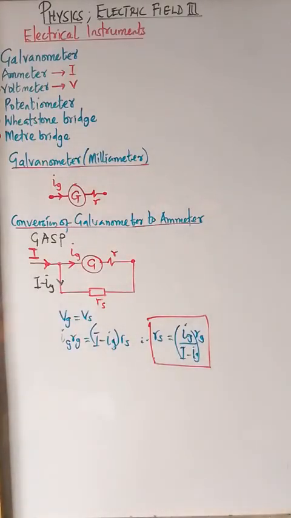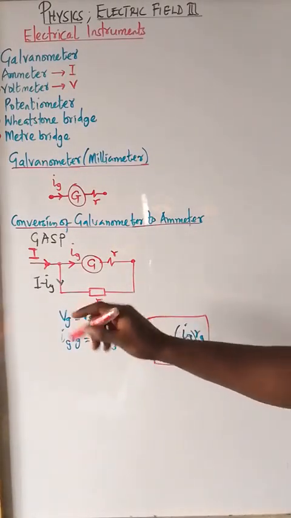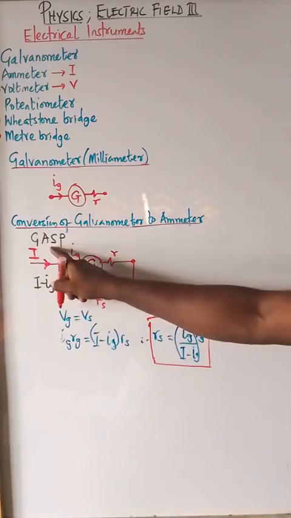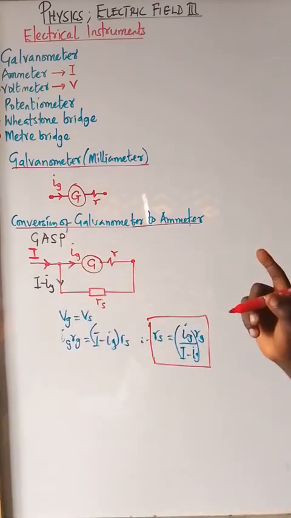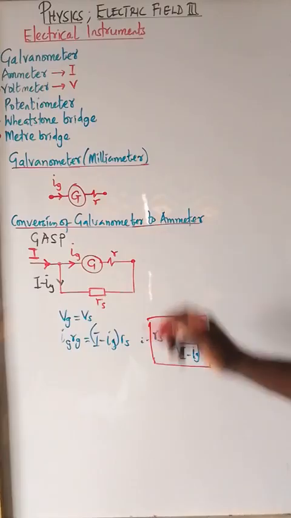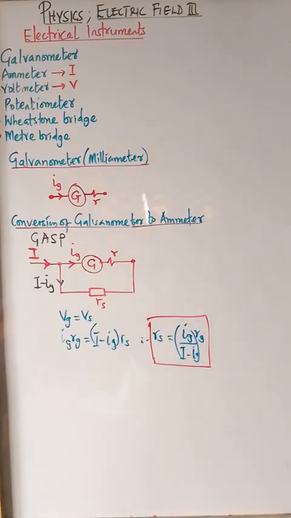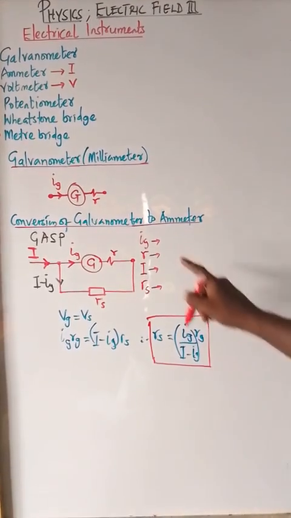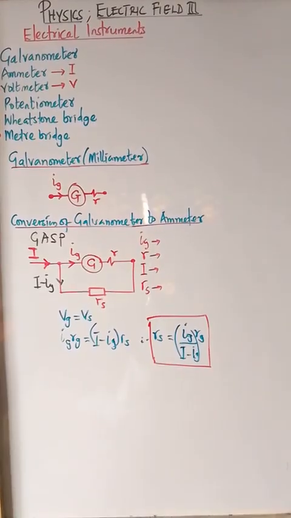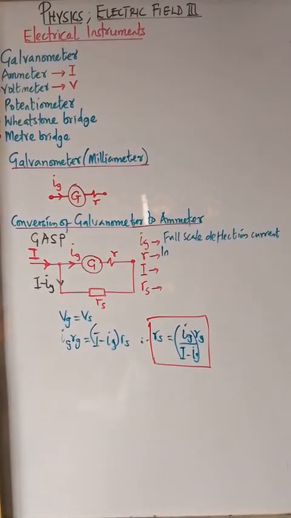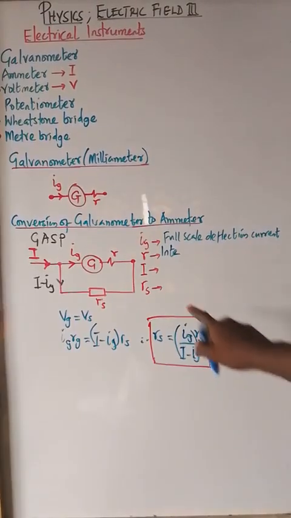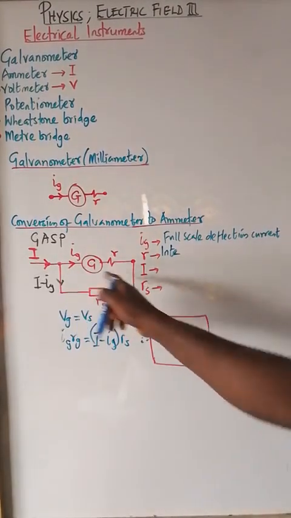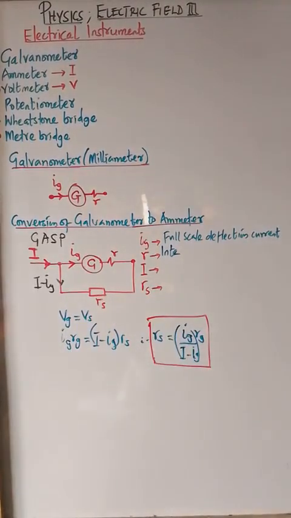A galvanometer can be converted to ammeter by connecting a shunt in parallel. So here, let's say what each letter represents. What is Ig? The full scale deflection current of the galvanometer. What is Rg? The internal resistance of the galvanometer. This I is the current to be measured, while this Rs is the shunt resistance.